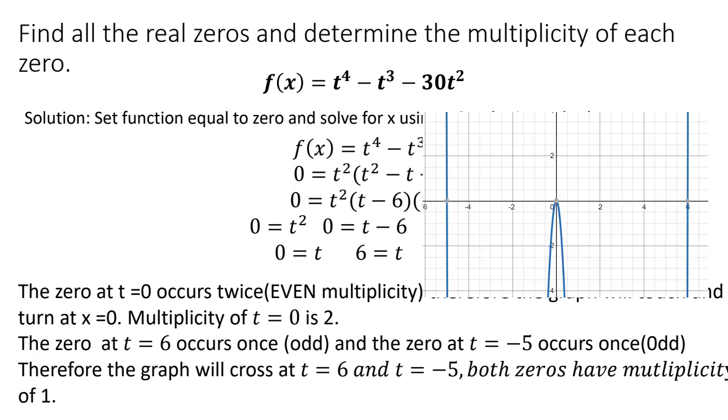It doesn't ask us to graph it, but if you were to graph it, notice here that at negative 5 it's crossing, and 6 is crossing, and then at 0 it's going to touch and turn. So that's why the multiplicity is important for us to know, so we can know if it touches or if it crosses.